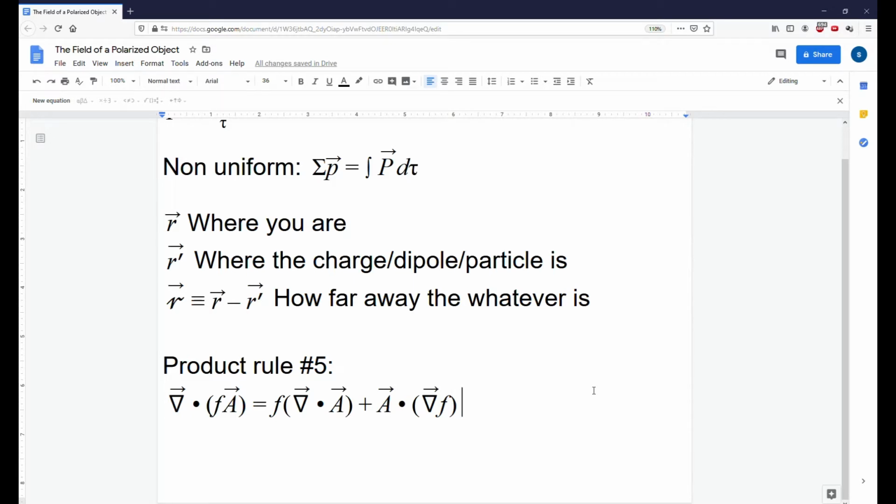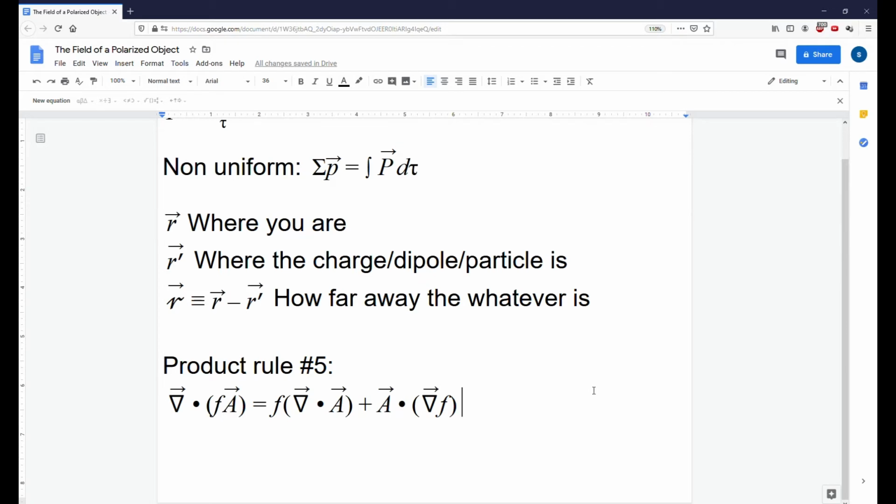In figure 4.14, we can see what happens if the polarization is changing either magnitude or direction. We end up with some charge bunching. In the example shown, the polarization is pointed outwards from a point. And so you have a bunch of negative charge bunched towards the inside, and a bunch of positive charge spread out over the outside.